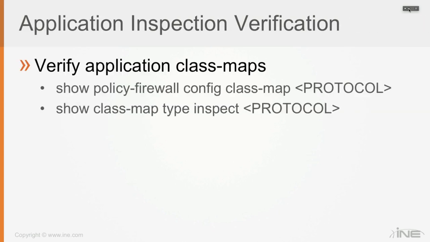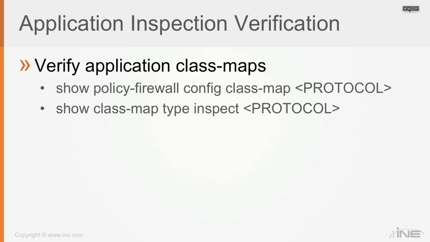Now, verification-wise, it's going to be pretty much the same commands as in any regular verification. We say show policy firewall config class map, but if we say only show policy firewall config class map, we are going to verify the regular layer 3 and layer 4 class maps. If we say show policy firewall config class map HTTP, that means show me the layer 7 class maps which are inspecting HTTP traffic.